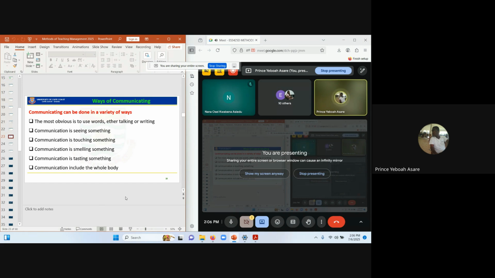So how are we posturing in the classroom? How are we gesturing in the classroom? How are we acting and behaving in the classroom? Everything about the body is communication. And so we want to be careful in all these aspects so that we become good models to our students.